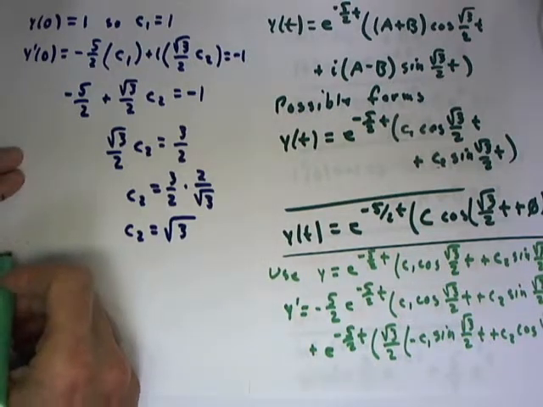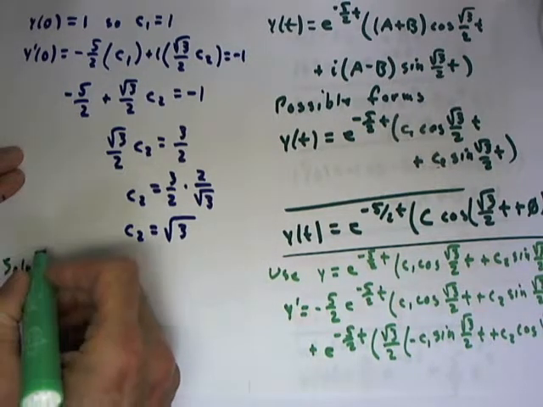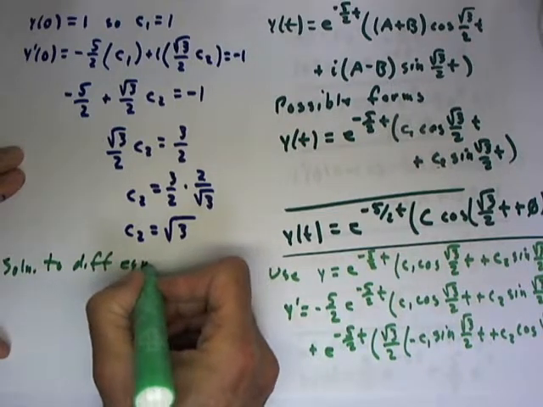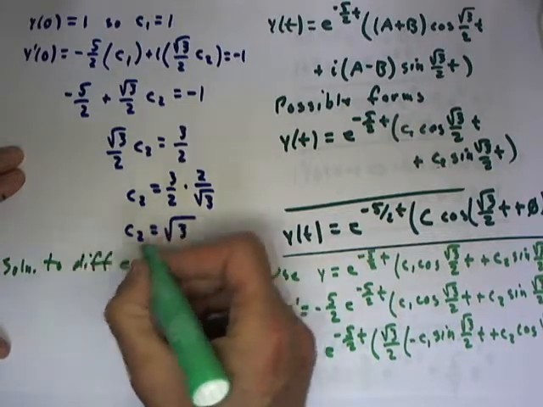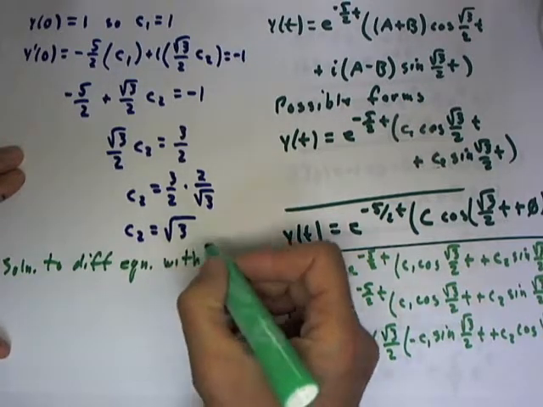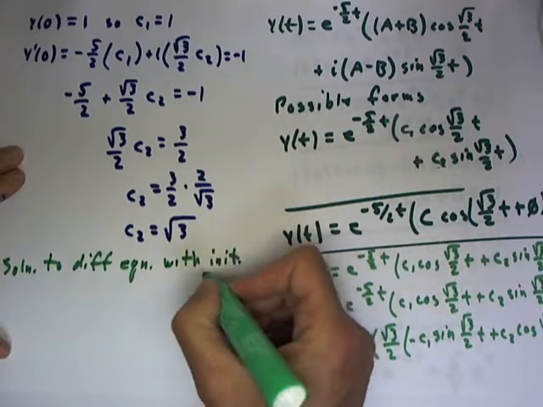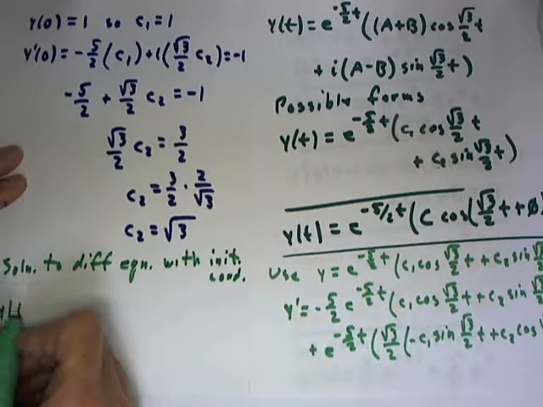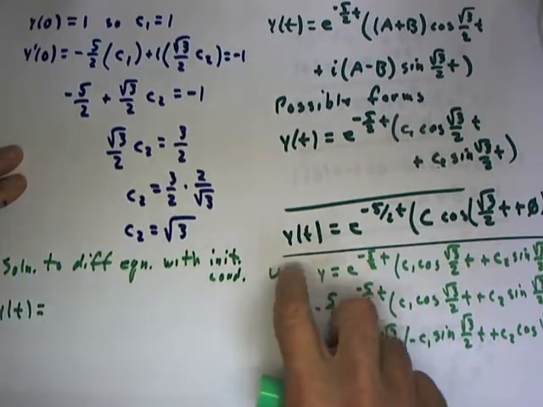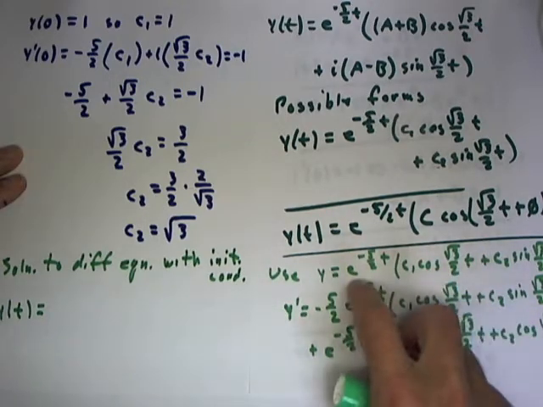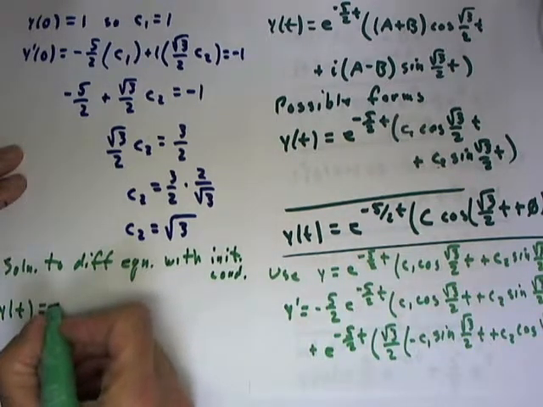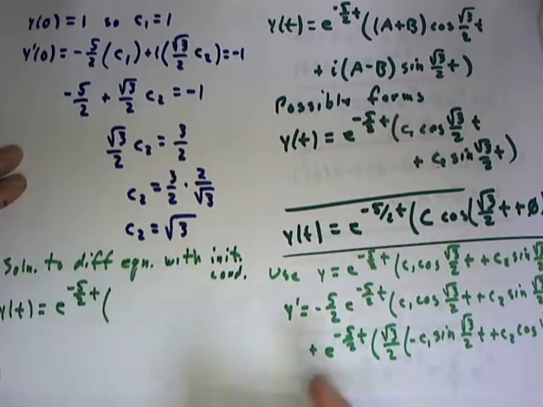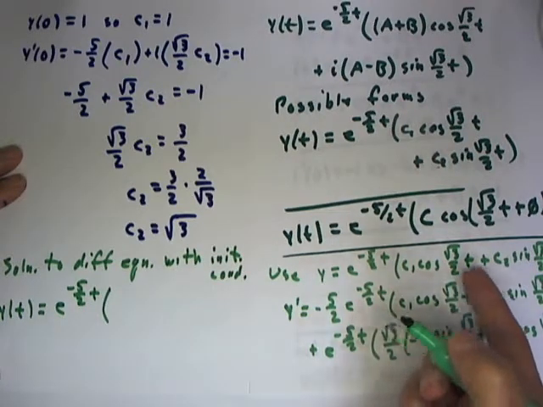And our solution to the differential equation with the given initial conditions is y of t equals e to the negative 5/2 t multiplied by C1 cosine of square root of 3 over 2 t.